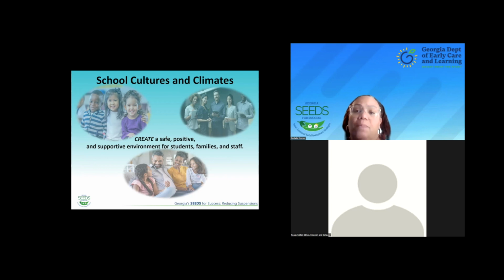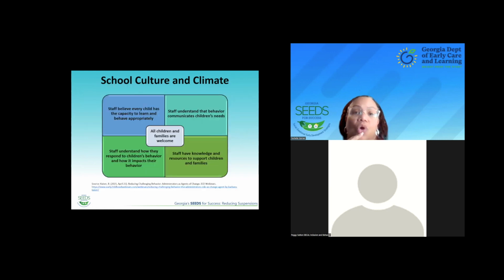When you create a positive school culture and climate, you help assure that all children reach their full potential. When students learn and educators work in an environment that is safe, supportive, and connected, students and adults are more likely to develop the social emotional competencies that they need to be successful.